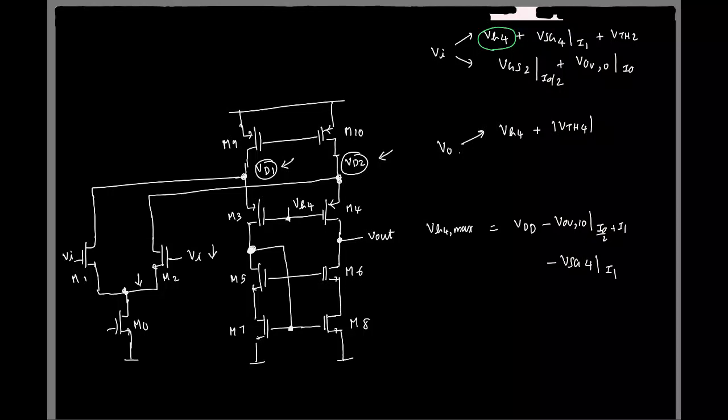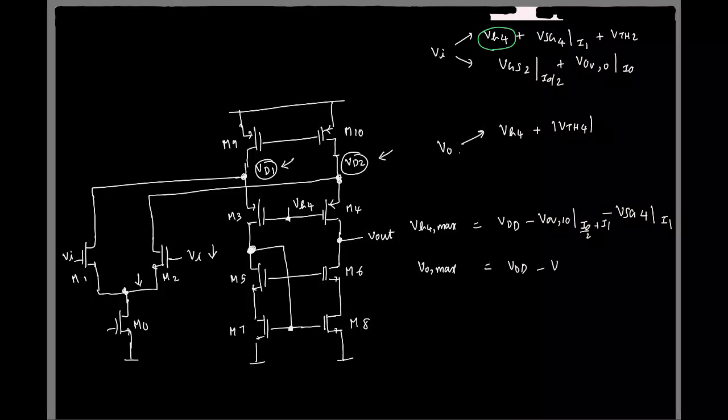So what is Vout max now? Can you work out and tell me what is Vout max? VDD minus V overdrive of 10 at a current I0 by 2 plus I1 minus overdrive of 4 at a current I1.